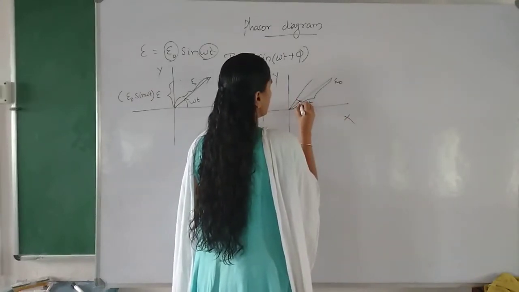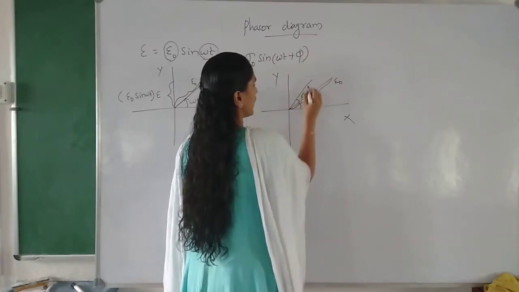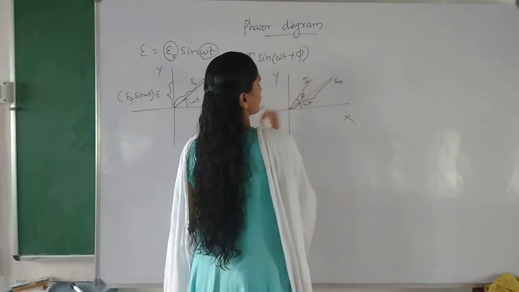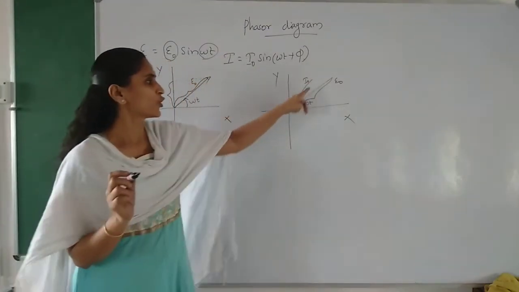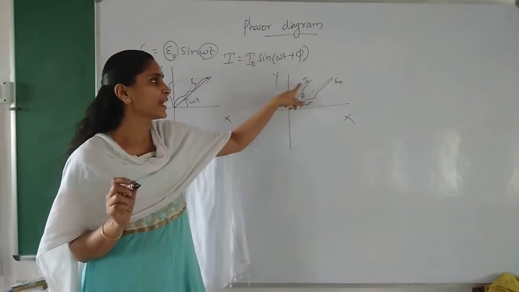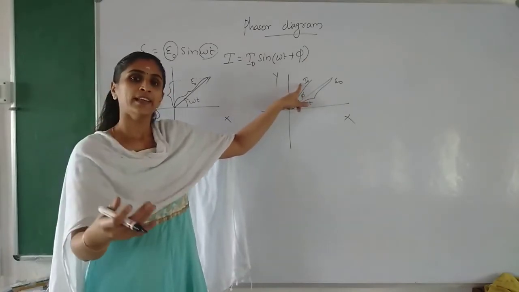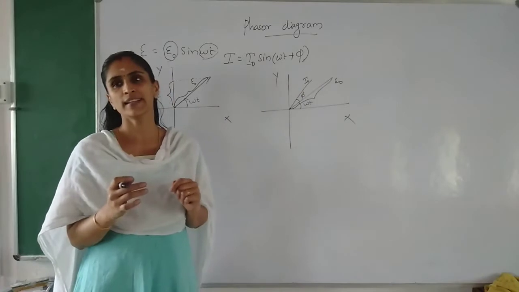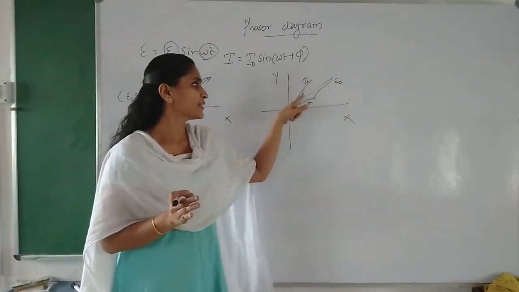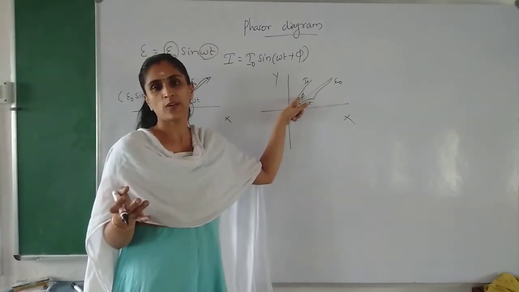And this angle will be phi, so the total angle will be omega t plus phi, corresponding to I0. So we can say that here current is leading voltage, because current is ahead of voltage by a phase angle of phi.